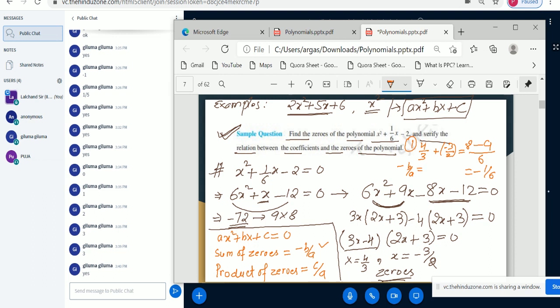If I write minus b by a, if I compare this given equation with the general one, what is the value of a? 1. The value of b is 1 by 6. So if I write minus 1 by 6 divided by 1, I am also getting minus 1 by 6. So the first relation, sum of zeros is equal to minus b by a, is correct.